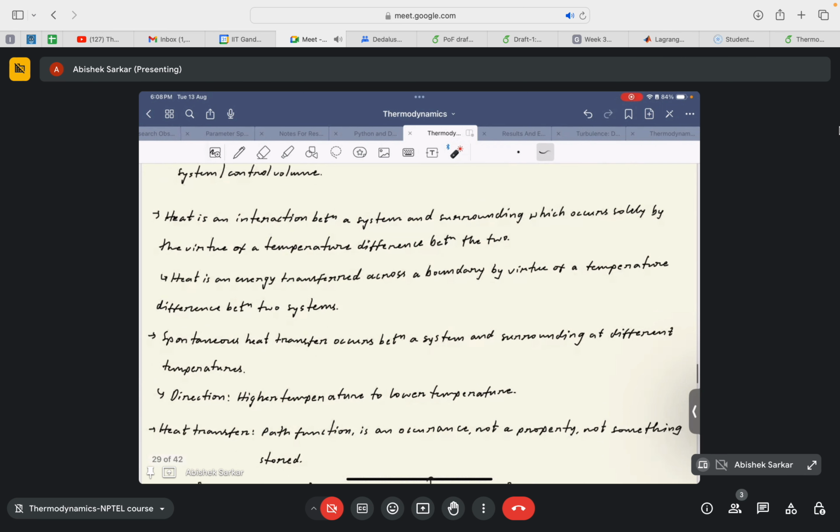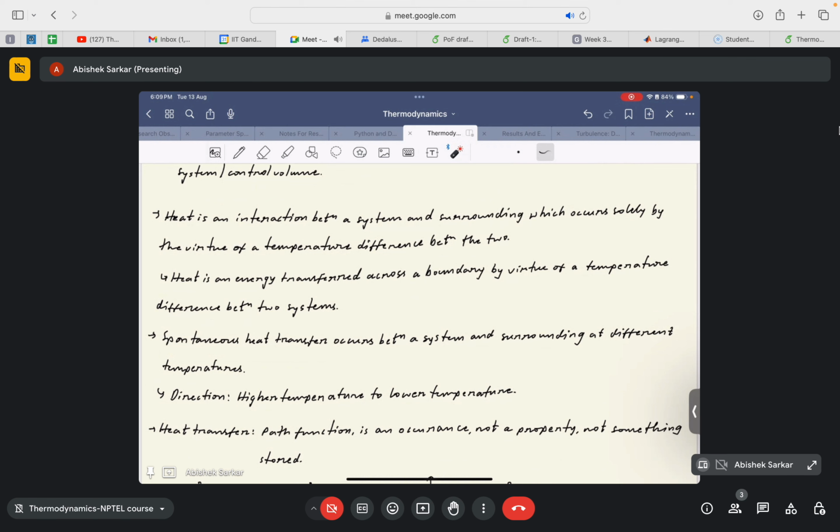This spontaneous heat transfer occurs between a system and its surroundings when there is a difference between their temperatures, and the direction of this spontaneous heat transfer is from higher temperature to lower temperature. I am not saying that heat transfer cannot occur from lower temperature to higher temperature. Of course it can, but for that we have to use some external means, or input some external energy.